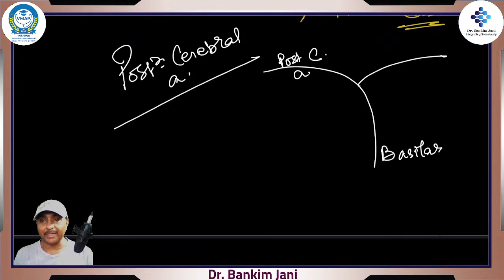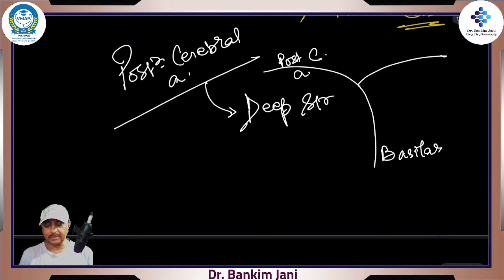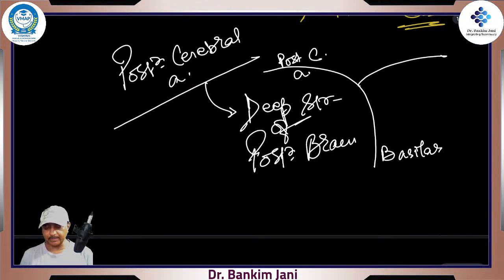It is supplying the deep structures of the backside of the brain, because this is posterior circulation, the biggest one. So it has to supply the deep structures of the posterior brain.